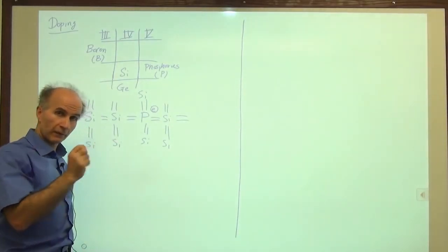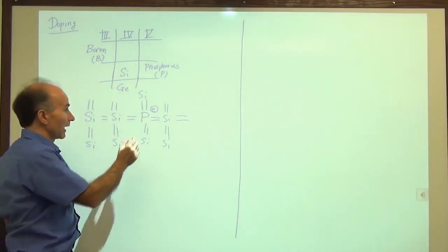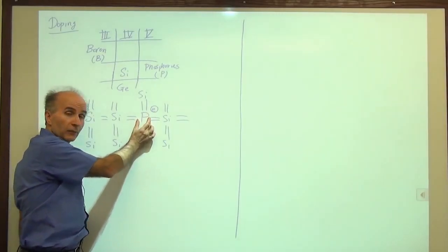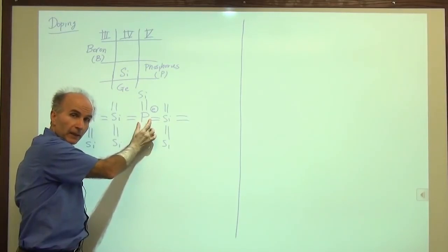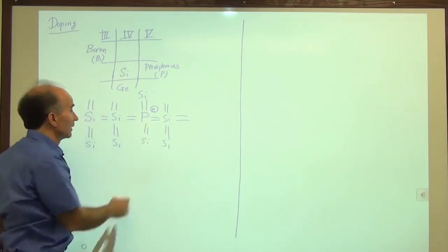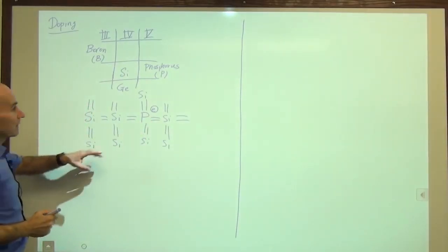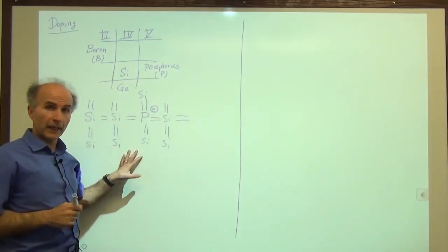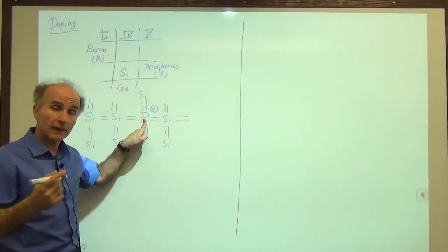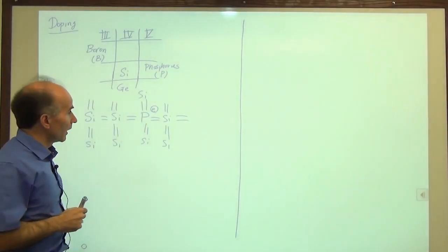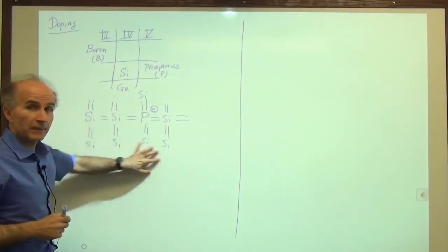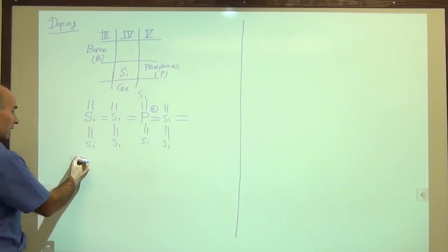And this process of introducing an atom of phosphorus, or what we call impurity, is called doping. So doping means we take this piece of silicon and then we introduce some non-silicon atoms in here. For example, phosphorus.